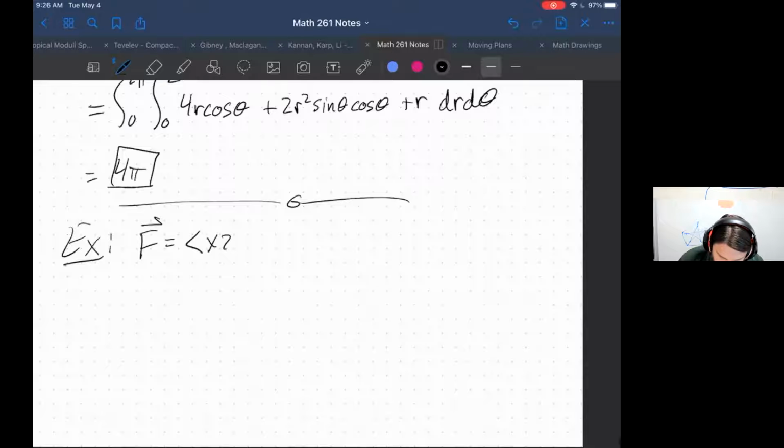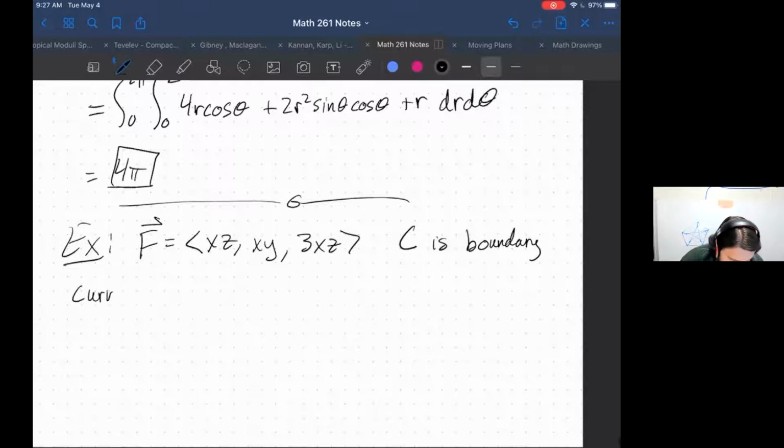So let's write down our vector field. This is xz, xy, 3xz, c is the boundary curve of the plane 2x plus y plus z is equal to 2 in the first octant.